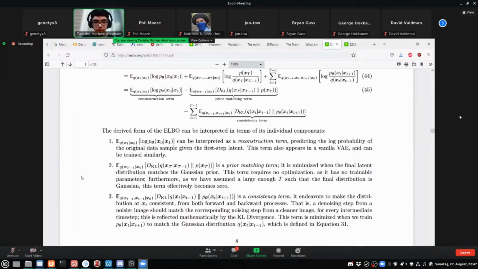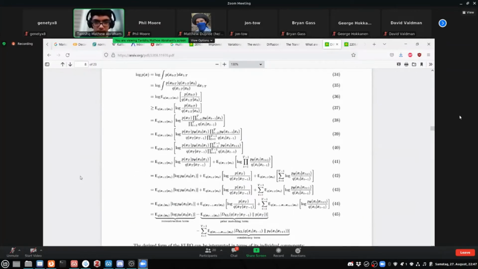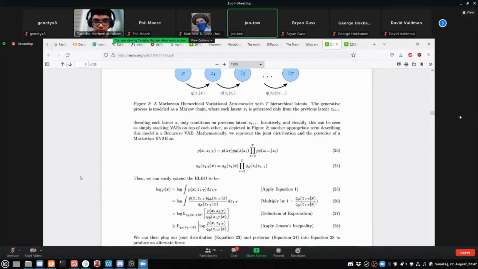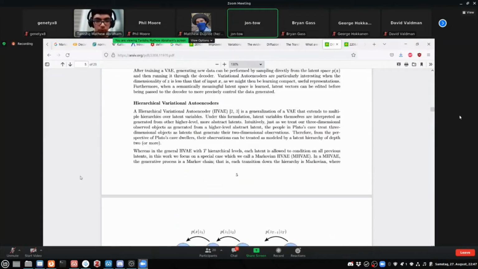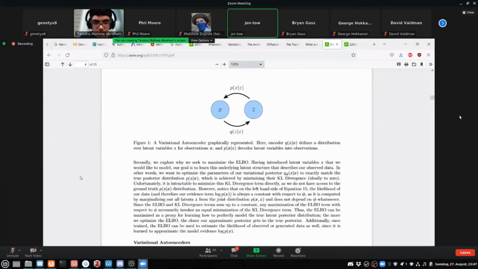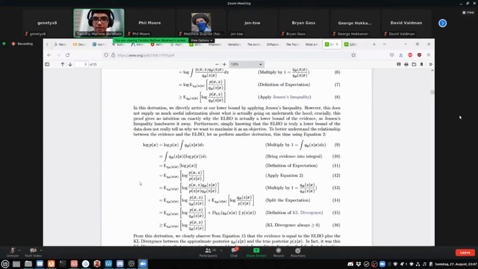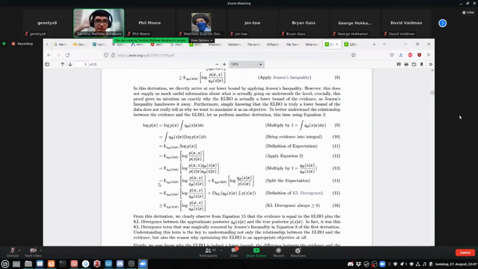I was looking at it earlier today. This was in reference to ELBO hierarchical. The derivation starts at equation 9, so yeah, right here. This might also explain this a little better compared to what I'm doing here.